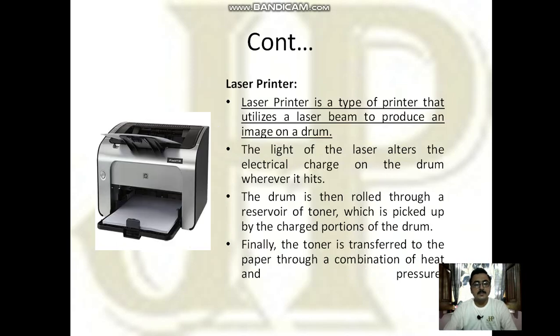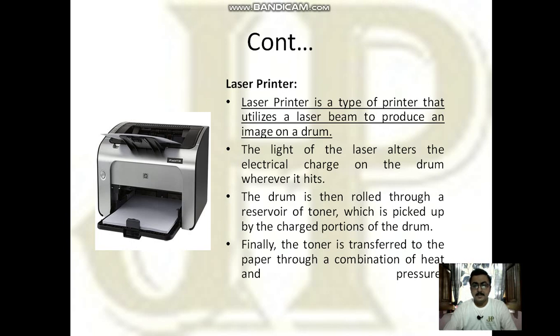And the last one is the laser printer. A laser printer is a type of printer that utilizes a laser beam to produce an image on a drum. The light of the laser alters the electrical charge on the drum wherever it hits.